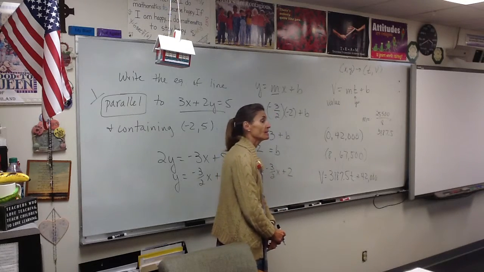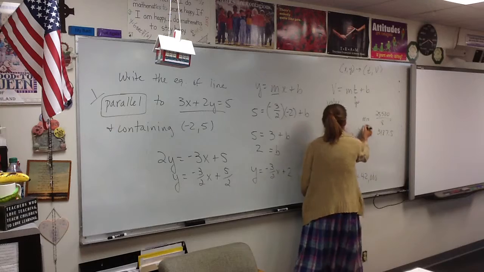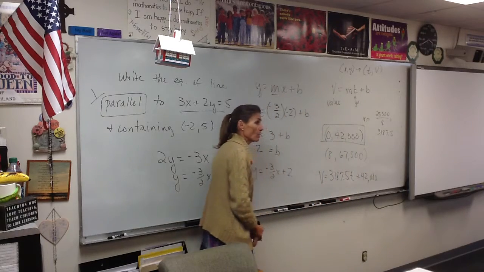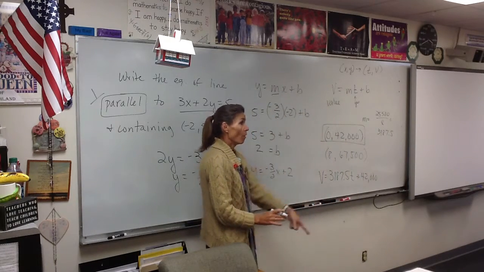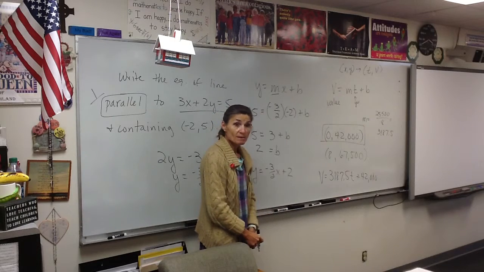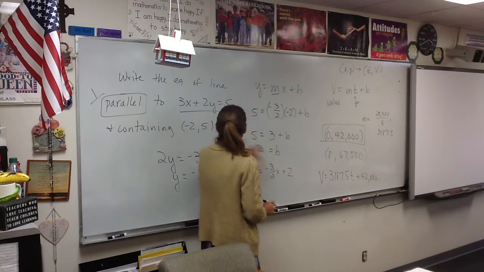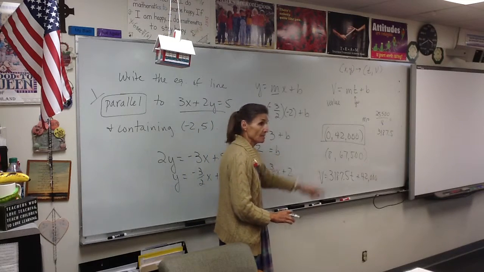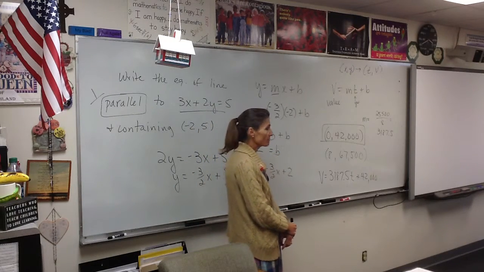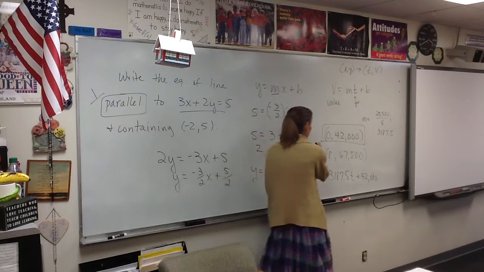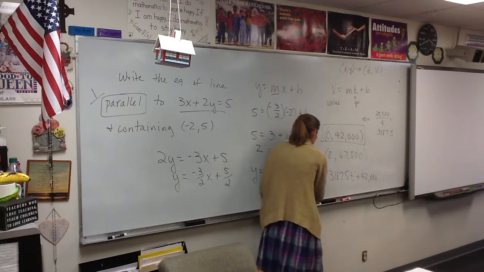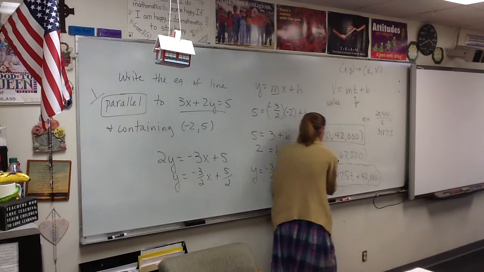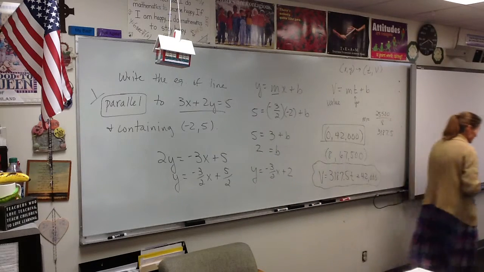Because the x is 0. Exactly. If you graphed that point, where would it be? On the y-axis, which means it's the y-intercept. Now, if you went through the work to find b, would you get that? Absolutely. I'm lazy. If I don't have to do it, I'm not going to. They gave me the y-intercept, so I'm going to plug it in. There's my equation. Okay, step 1 complete.